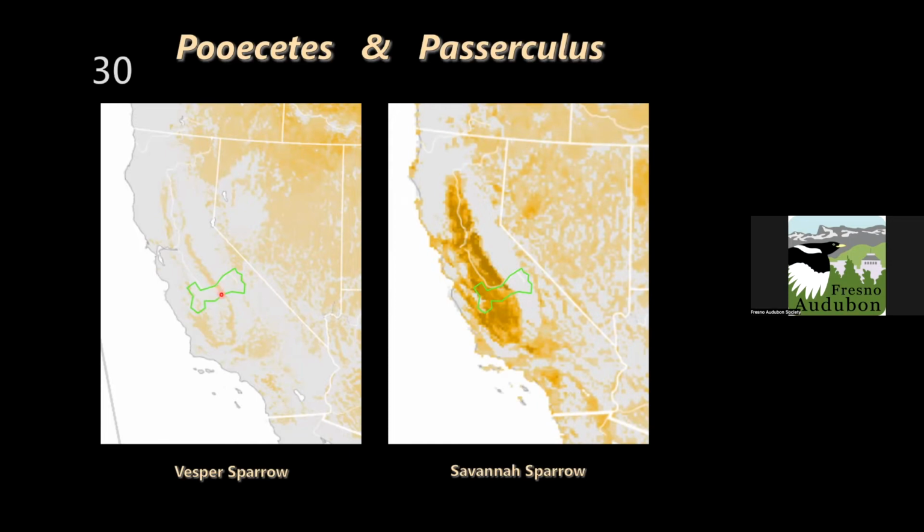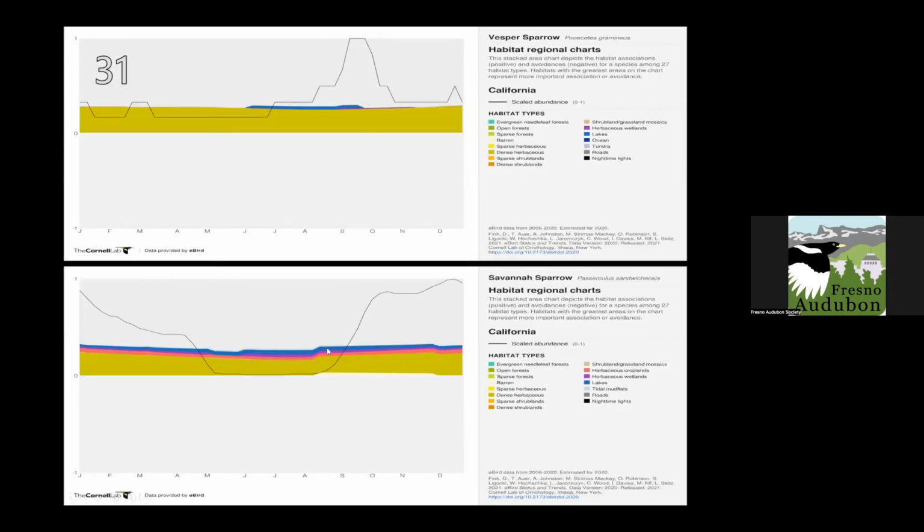But there is an area where we're seeing them concentrated, and that has a lot to do with their habitat selection. There's a lot of overlap, but overall, I would say Vesper is our species of drier, more xeric habitat. Whereas when you get the water, moisture, so you look at all the herbaceous woodland, herbaceous croplands, the lakes and whatnot, Savannah sparrows are more inclined towards the more moist, more mesic habitat.